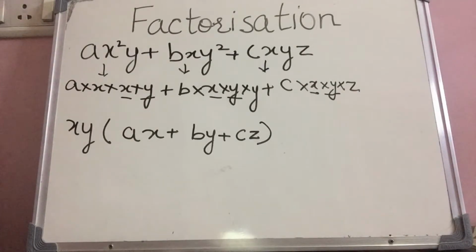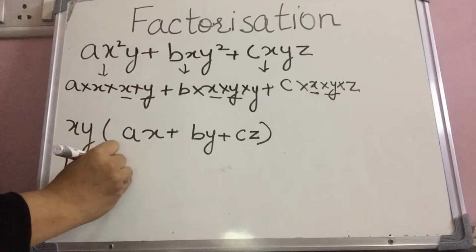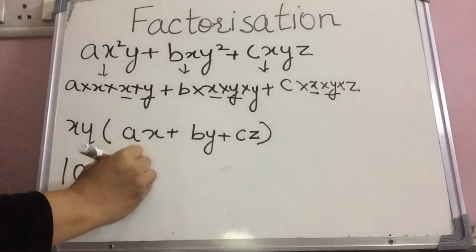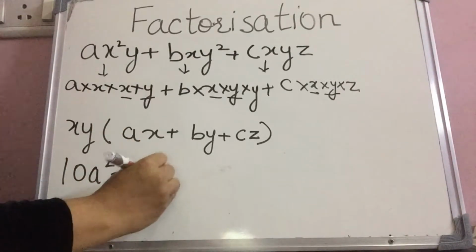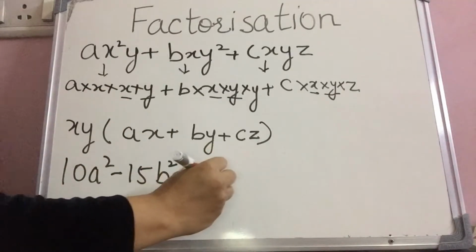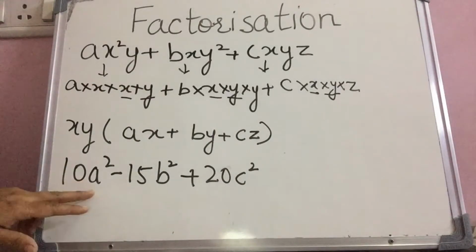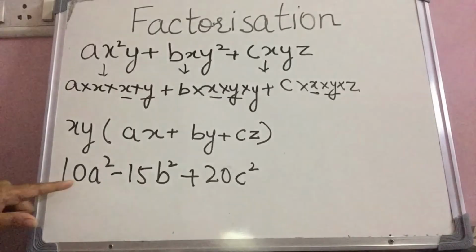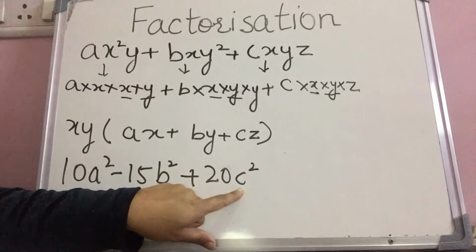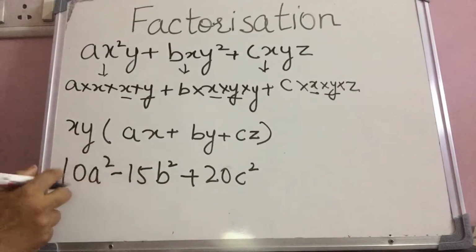If we take another example to be factorized, 10a square minus 15b square plus 20c square. We see that in all three terms we have different variables, so we will only have the constant term as common.